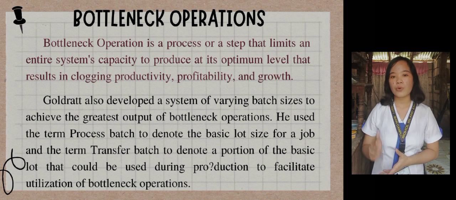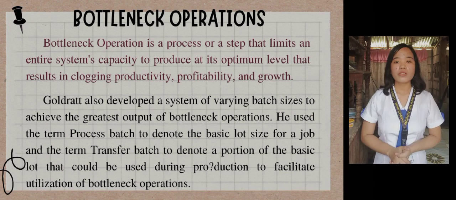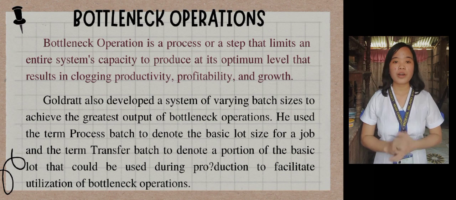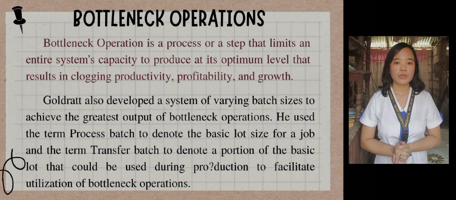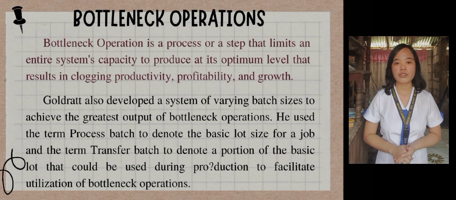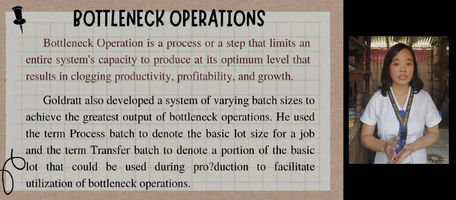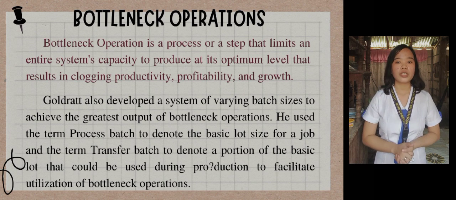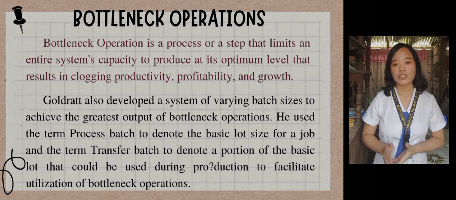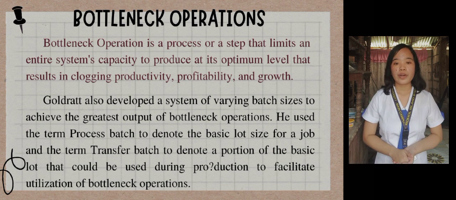its maximum throughput capacity. He also developed a system of varying batch sizes to achieve the greatest output of bottleneck operations. He used the term process batch to denote the basic lot size for a job, and the term transfer batch to denote a portion of the basic lot that could be used during production to facilitate utilization of bottleneck operations.